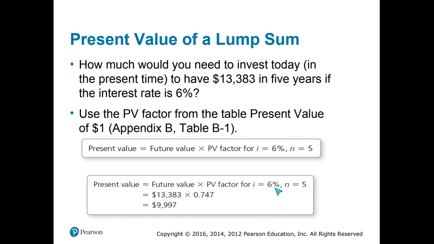Our future value is 13,383, and based on N being 5 and the percent being 6, our table told us 0.747 is the factor. So 13,383 times 0.747 gives us $9,997, and that is our present value.